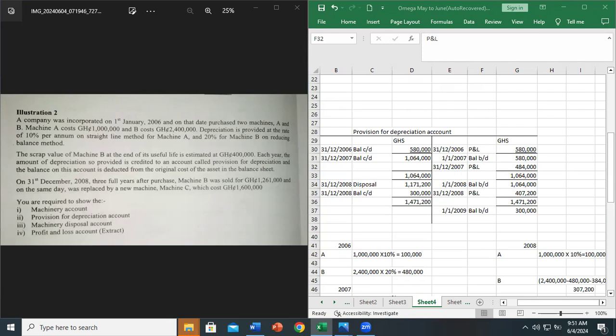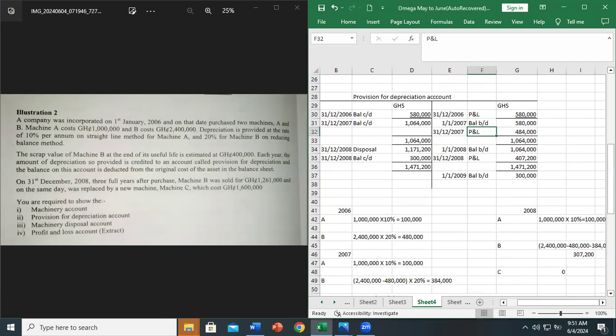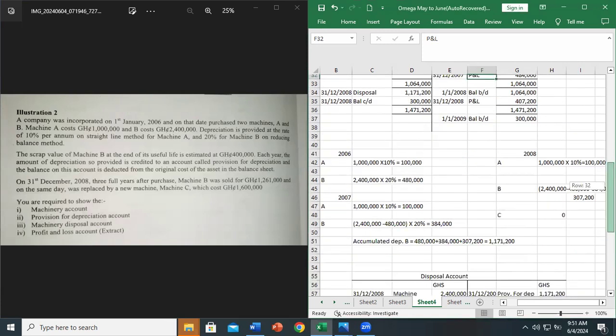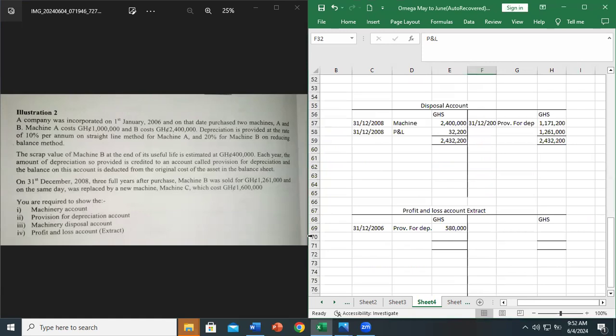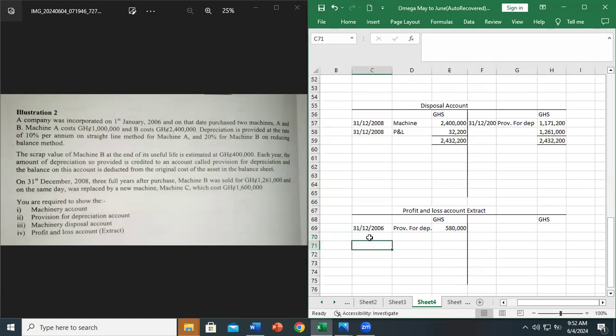So 2007 too, we passed the corresponding entry. So 31st December 2007, you go into your profit and loss account just like that. So the profit and loss extract is also not difficult. Just pass the corresponding entries. Okay. So 31st December 2007, provision for depreciation.